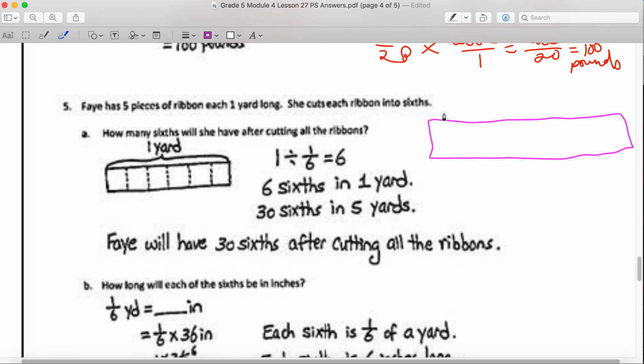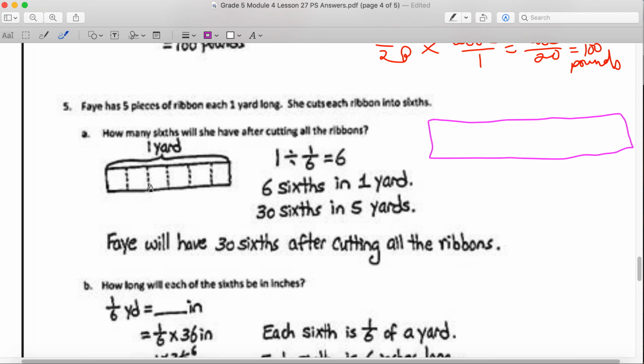Okay, so it's the same thing. Here is 5 pieces. Well, no, this is 1 yard that she cuts each ribbon into 6. So what they're doing is they're taking, in this particular case, the yard, dividing that into 6.